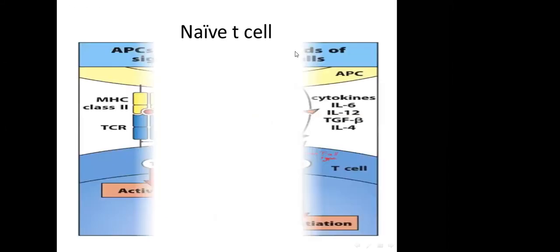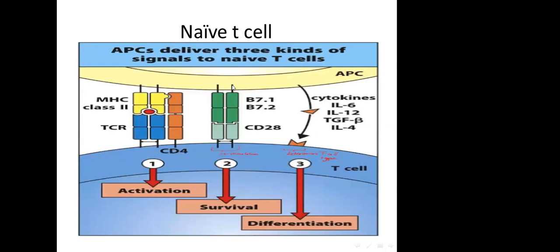Naive T cell is stimulated by the antigen presented by the antigen presenting cell. So we have the antigen presenting cell here, and we have the naive T cell on the other side, and it is activated by 3 signals. The first signal is the antigen, which is red, presented by the antigen presenting cell and recognized by the T cell receptor.